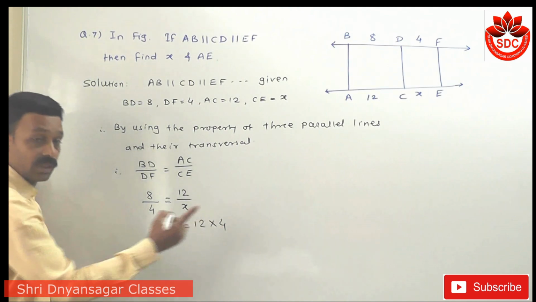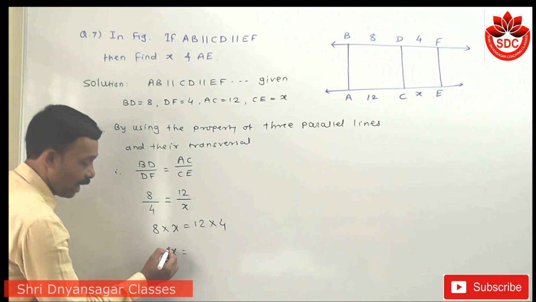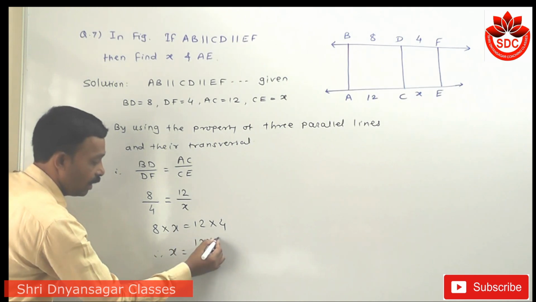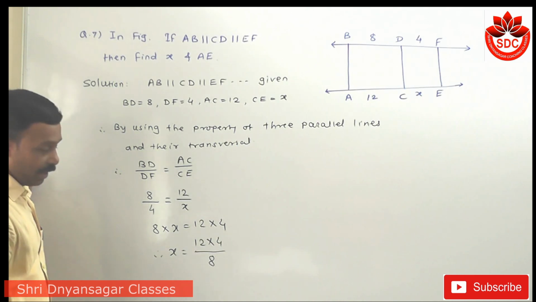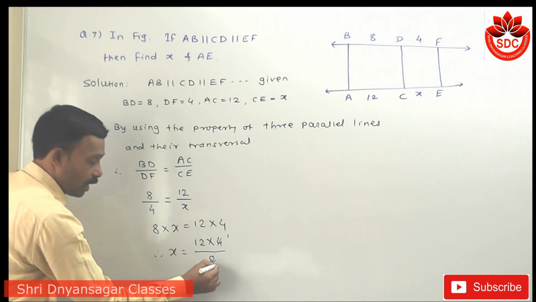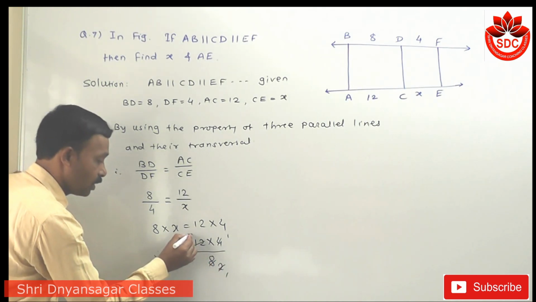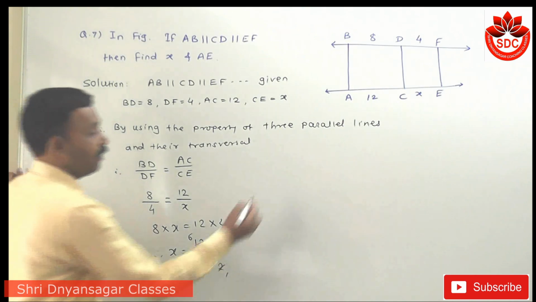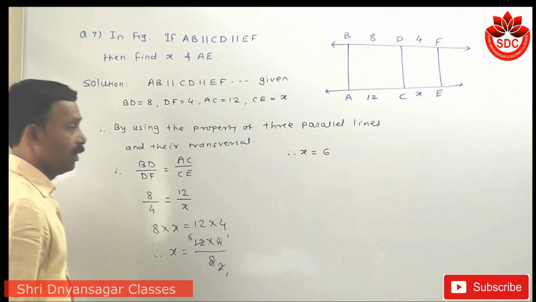When we transpose it to the other side, it converts into the denominator, so X is equal to 12 into 4 upon 8. We can simplify it: 4 ones are 4, 4 twos are 8; then 2 ones are 2, 2 sixes are 12. Therefore, the value of X is equal to 6 units.